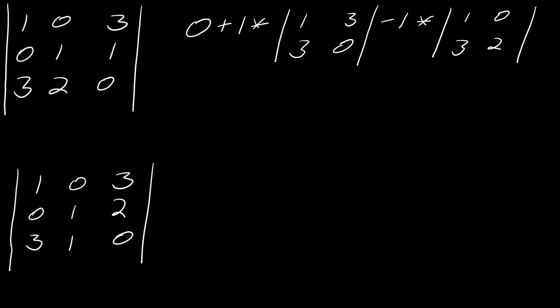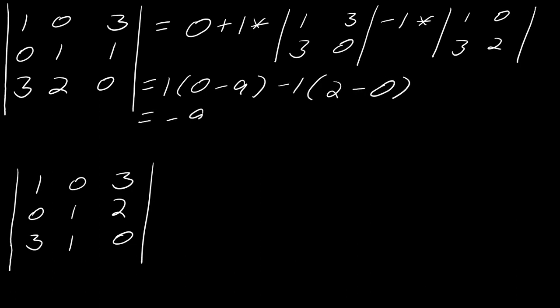I'll move the equal sign up here. So this is going to equal 1 times 0 minus 9, minus 1 times 2 minus 0. So I get negative 9 minus 2, so this equals negative 11. There's my first determinant.